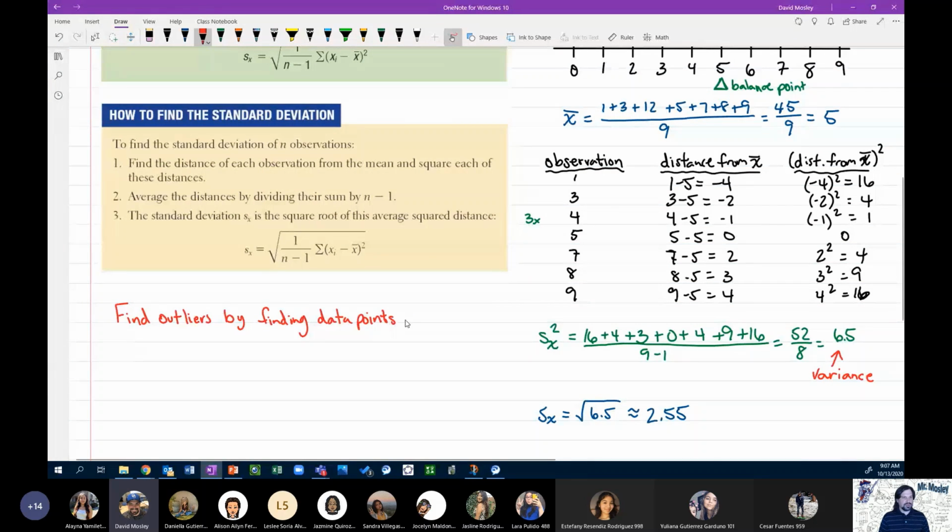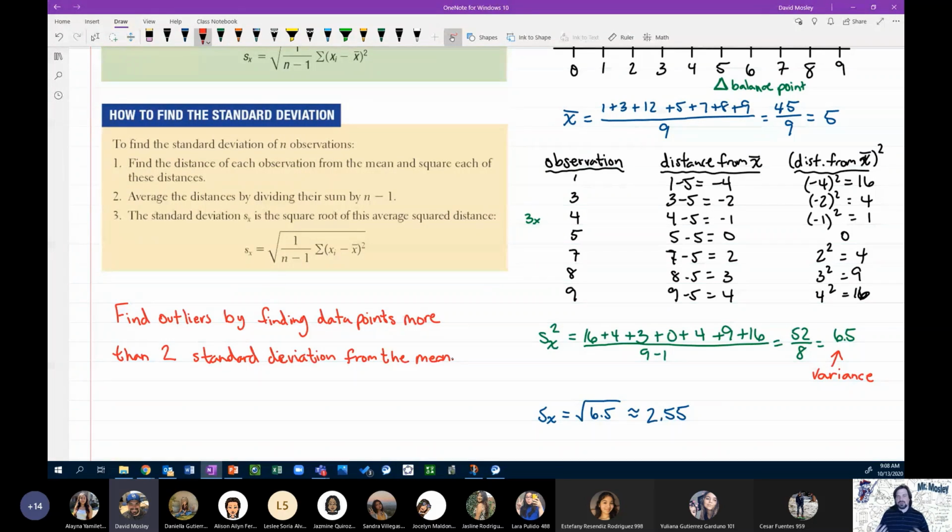So if there are more than 2 standard deviations, this would be 2 standard deviations to the right of the mean, 2 standard deviations to the left of the mean.